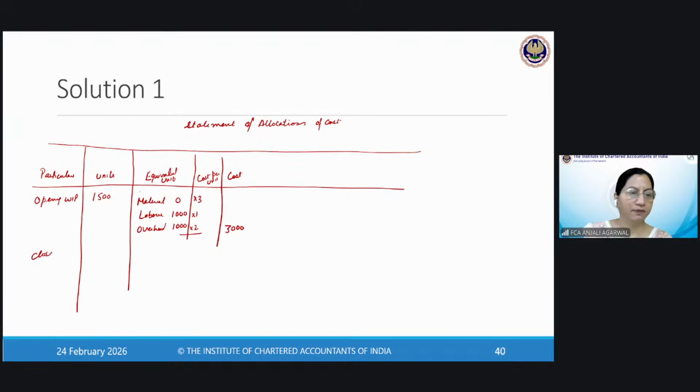Closing WIP 5000: material, labor, overheads 4500 and 1500 each, into 3 into 2 into 1. This becomes 13500, 3000 into 1 and into 2.